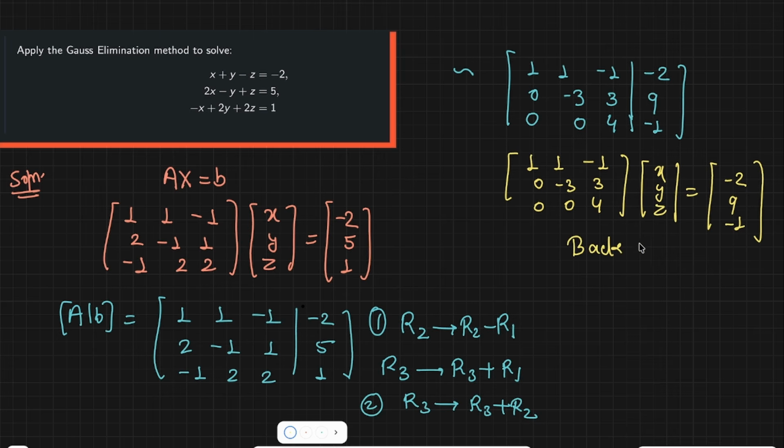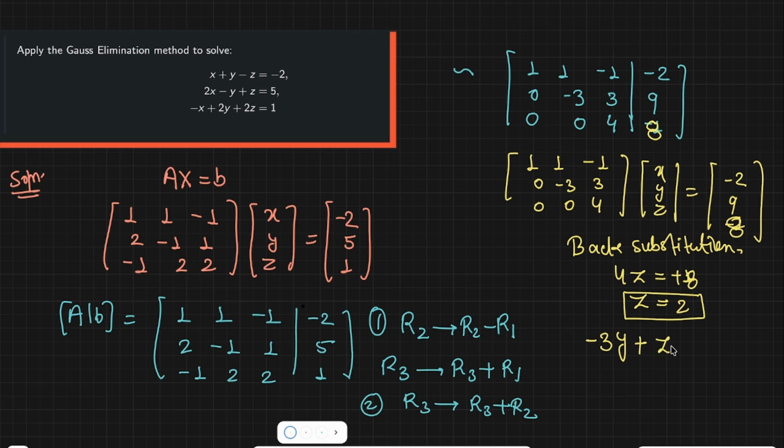Using back substitution, 4z is equal to minus 1, so z will be minus 1 over 4. Next, minus 3y plus 3z is equal to 9. Then minus 3y, substituting the value of z, is equal to 9. From here y is equal to 1.